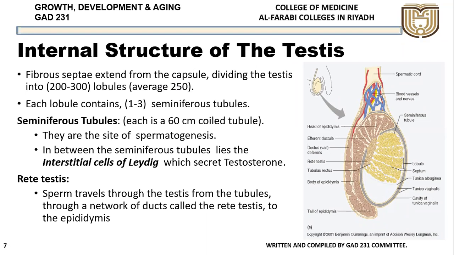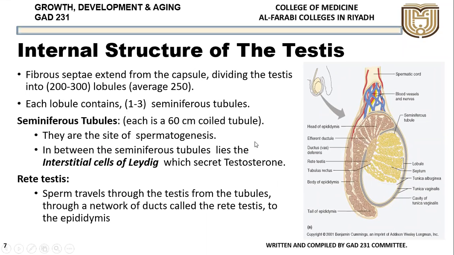Each lobule will contain 1 to 3 seminiferous tubules. So how many seminiferous tubules in total in each testis? If there are 250 lobules and each has around 3, it will be almost 750 seminiferous tubules. You can take an average of 2, and it will be around 500 seminiferous tubules in each testis.